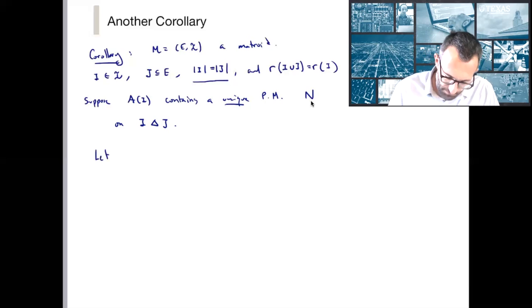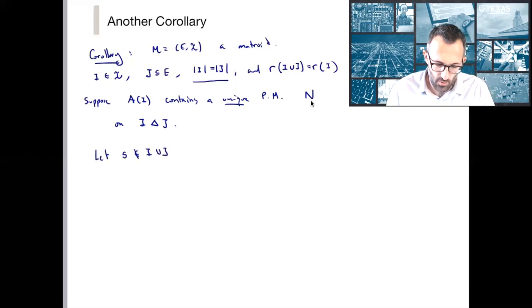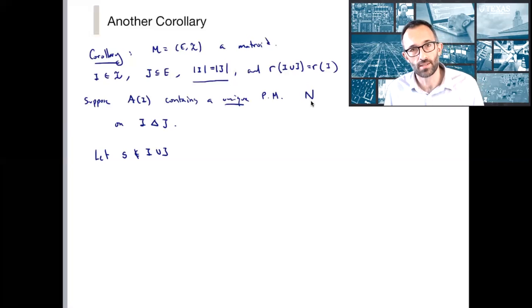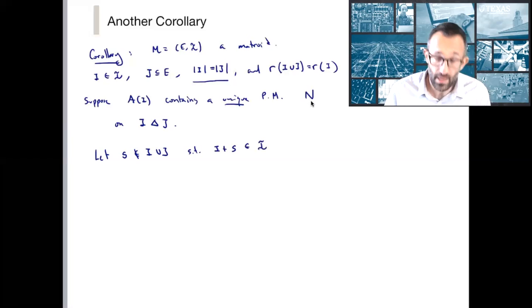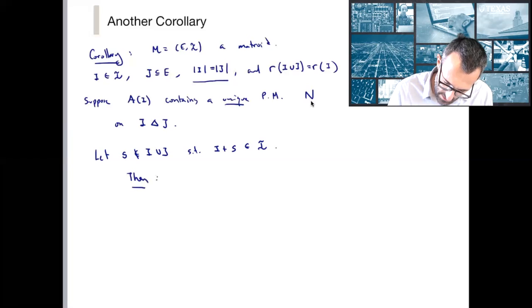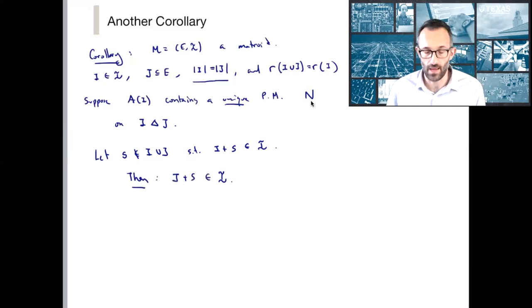Let S be some element that's in neither I nor J, such that S augments I. The conclusion of this corollary is that S also augments J. So I plus S again lands you with an independent set of one larger size. Then that same element also extends J.